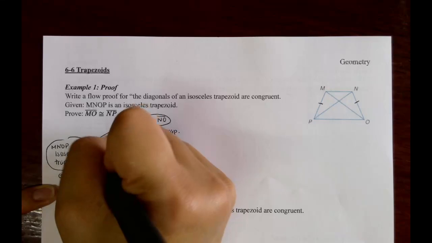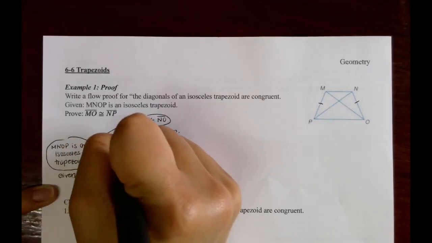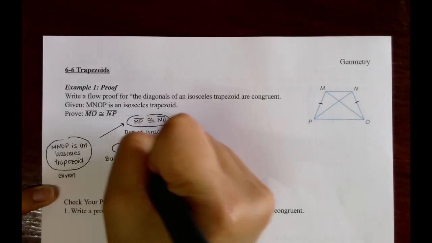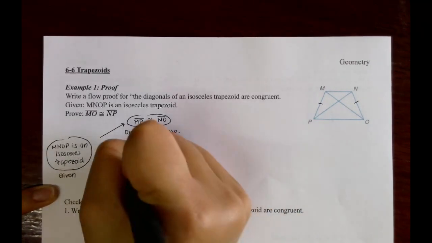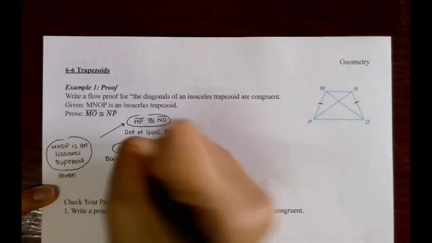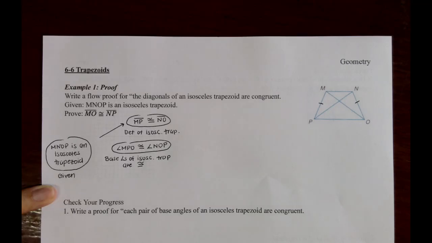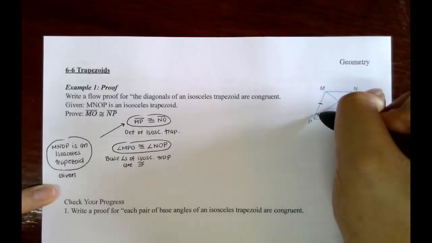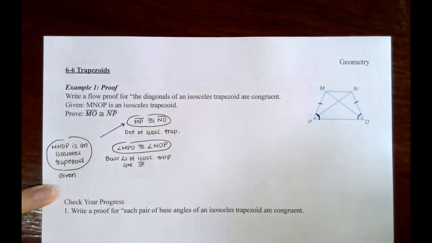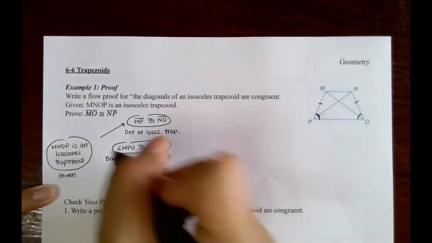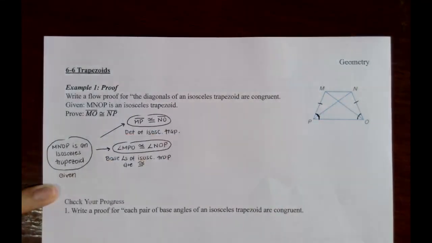The reason for that is because base angles of isosceles trapezoids are congruent. I'm just going to mark that in my picture here. So this angle here is congruent to this angle here. That also flows from that isosceles trapezoid property.